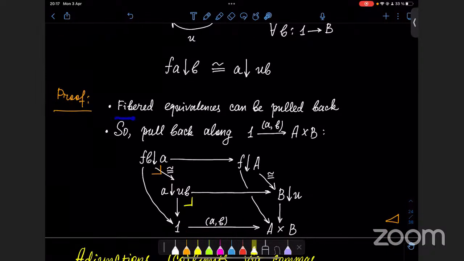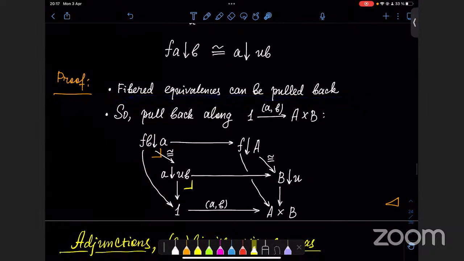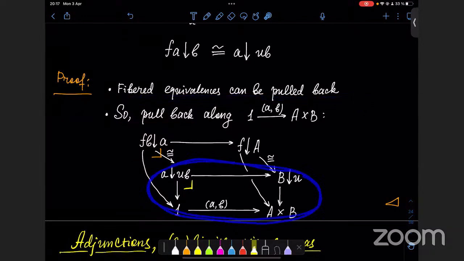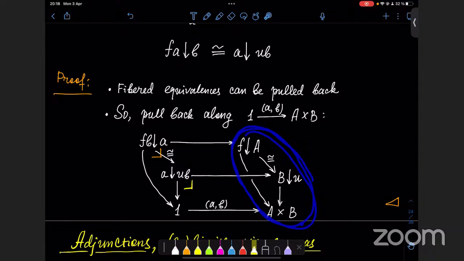Recall that fibered equivalences can be pulled back, and consider the following pullback. By this map consisting of A and B, the pullback along this map gives us this comma object from A to UB, and also we have the following isomorphism.